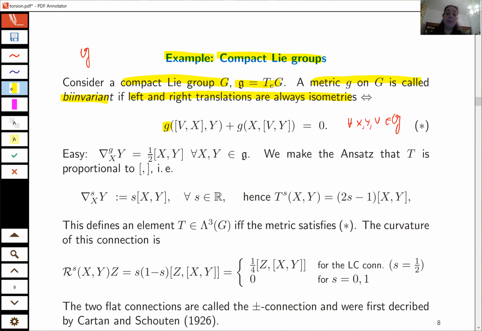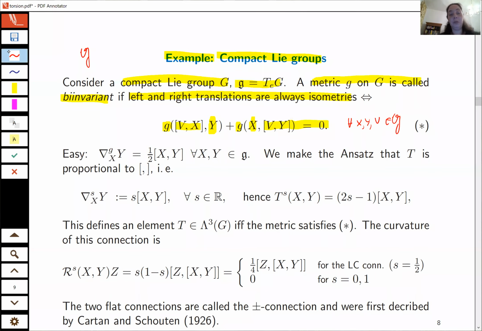Okay, so I take the commutator of two vector fields V x, and then the scalar product with y. This plus the scalar product of x itself with V y should be 0.